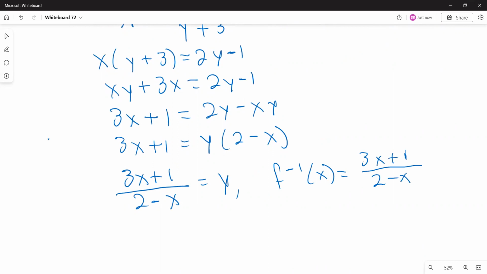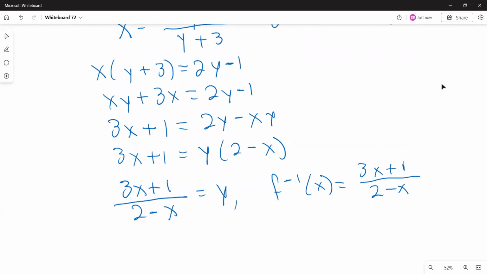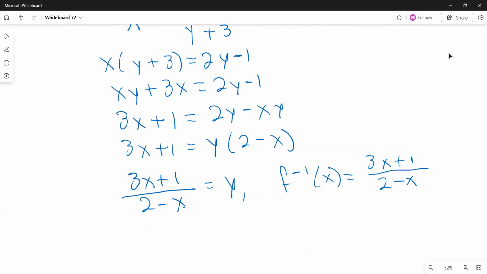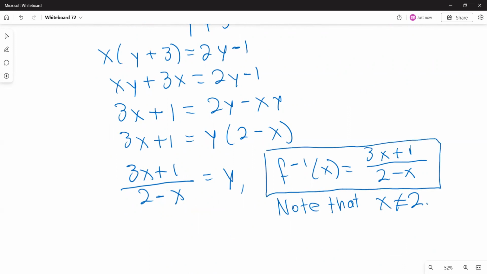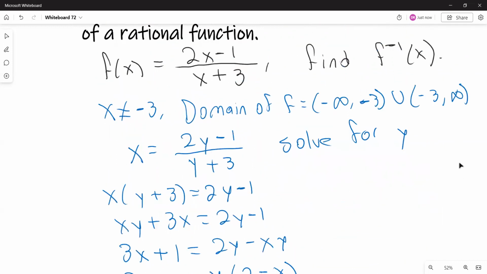So the other observation is that the horizontal asymptote of this function is 2, and from the inverse we see that x cannot be 2. Okay, so now we have the function and its inverse. That is f inverse of x, and that one was f of x.